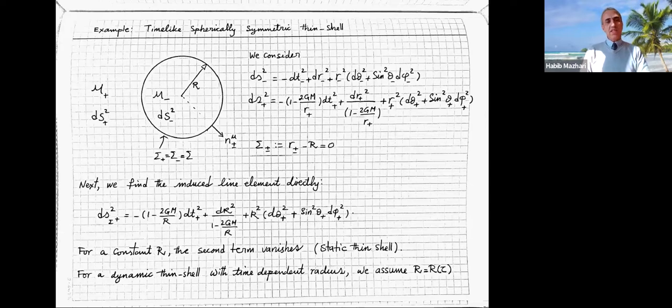If I consider the inside of this sphere to be flat, it means we have no singularity left. But still we have Schwarzschild space-time outside. The only thing we have to keep in mind is that R here, the radius of our shell, should be bigger than the Schwarzschild radius. We don't want to have any horizon outside.